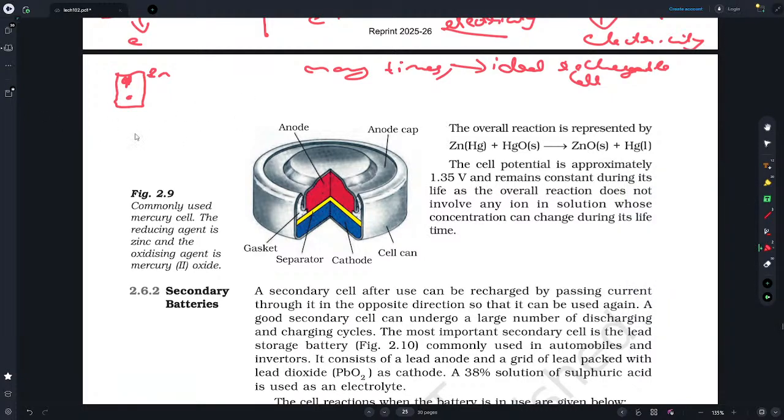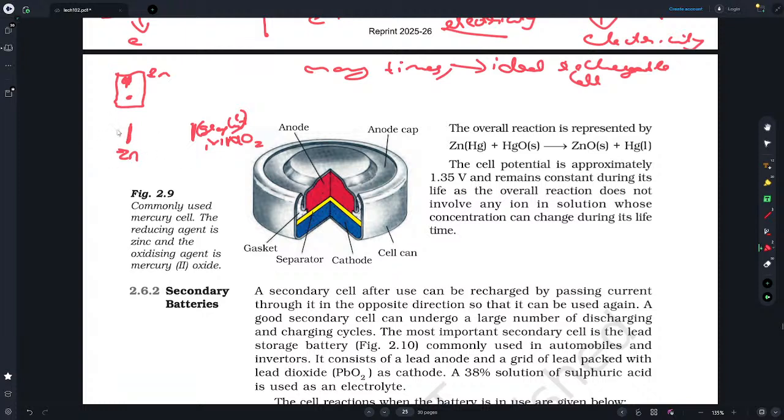The anode is represented on the left side and it is of zinc. The cathode is carbon graphite. Basically it's graphite because graphite conducts electricity. Graphite is surrounded by powdered MnO2, manganese dioxide. These are the two electrodes.